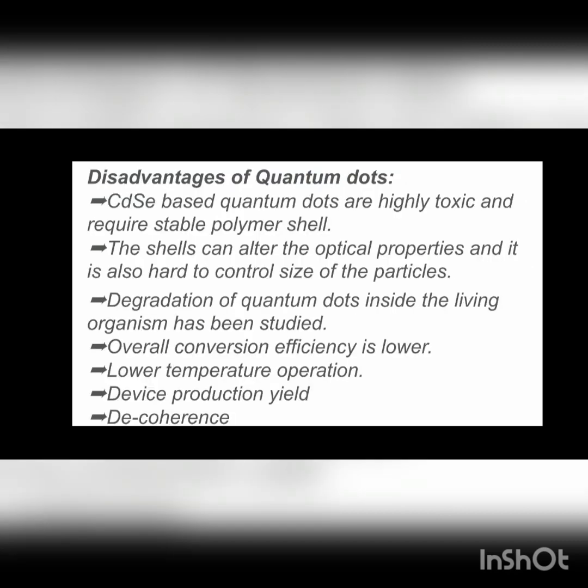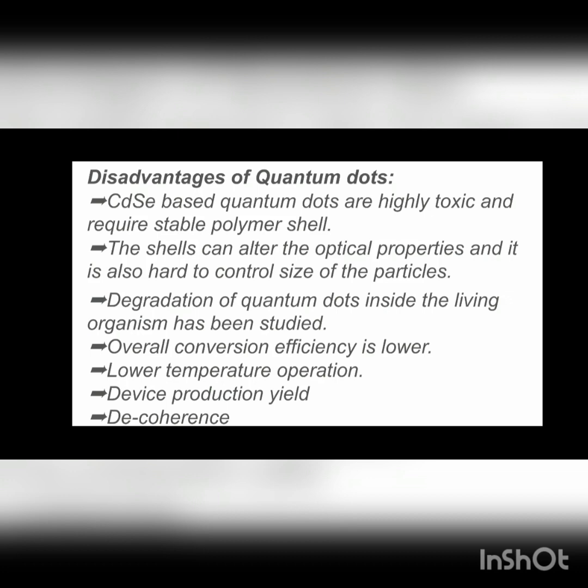What are the disadvantages of quantum dots? Number 1, CdSe based quantum dots are highly toxic and require a stable polymer shell. Number 2, the shells can alter the optical properties and it is also hard to control the size of the particles.